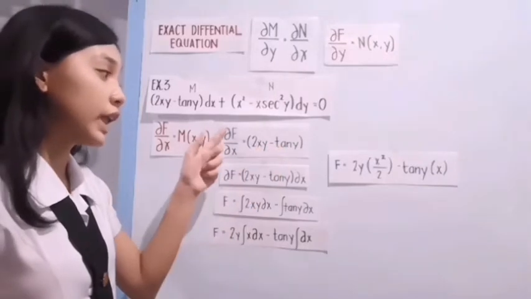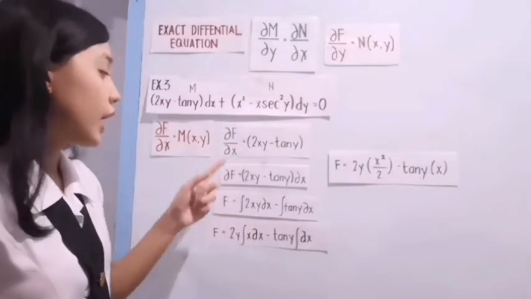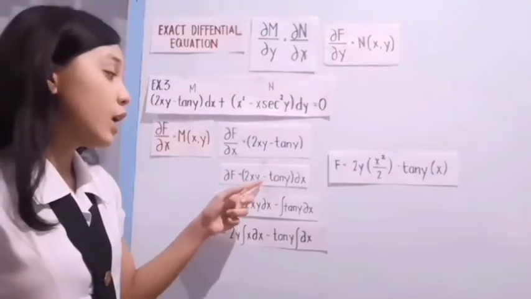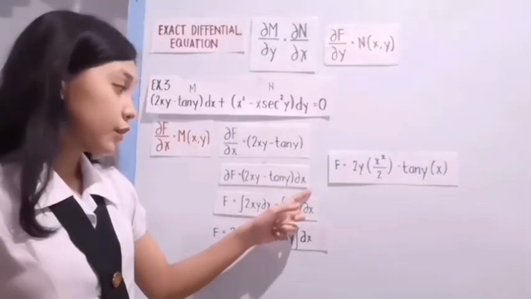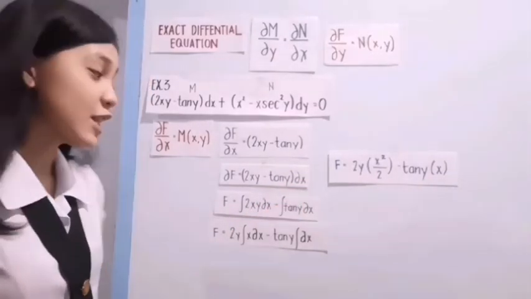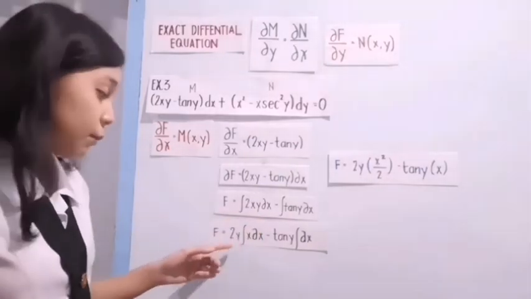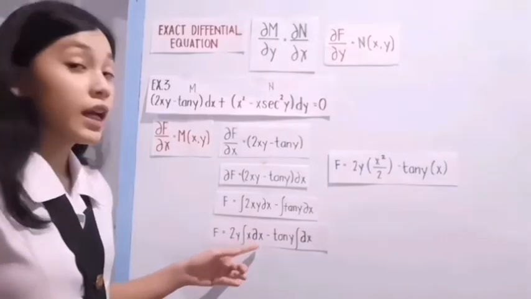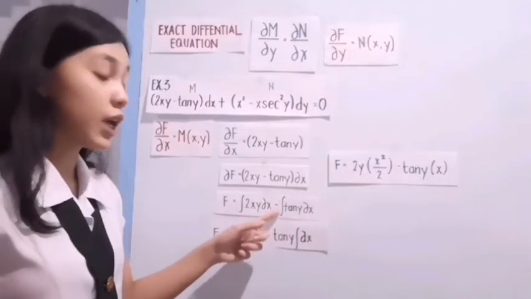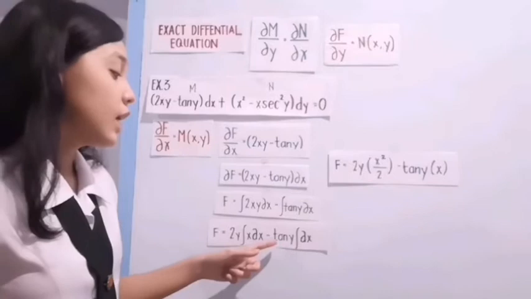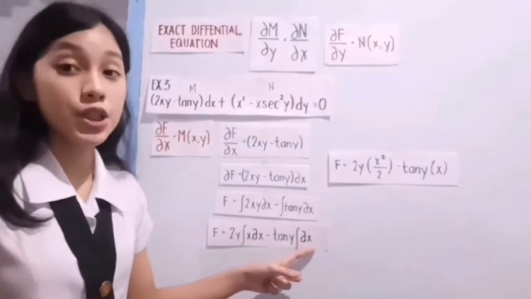Here, we integrate them. The integral of the partial derivative of f is just f, equal to the integral of 2xy partial derivative of x minus tangent y, the integral of tangent y partial derivative of x. We notice that 2y has nothing to do with x, so we can take it out: 2y integral of x partial derivative of x, minus the tangent, which has nothing to do with x, so we also take it out, so it becomes tangent y integral of just partial derivative of x.